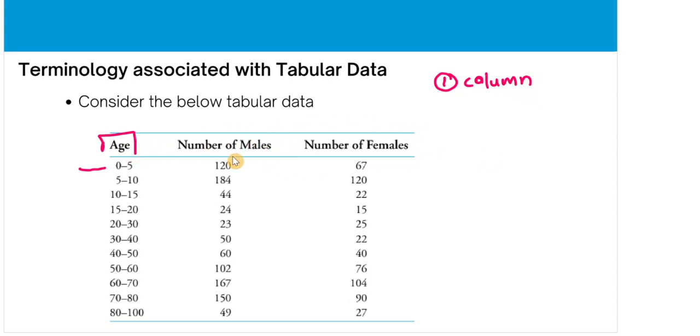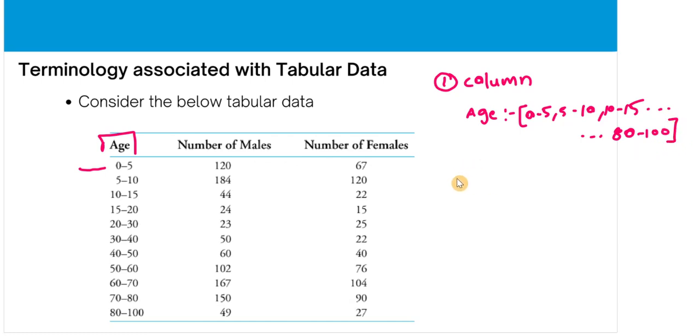Here there are three columns: age, number of males, and number of females, right? If you consider the age column, it can take the values 0 to 5, 5 to 10, 10 to 15, and so on, up to 80 to 100. So this is one column.